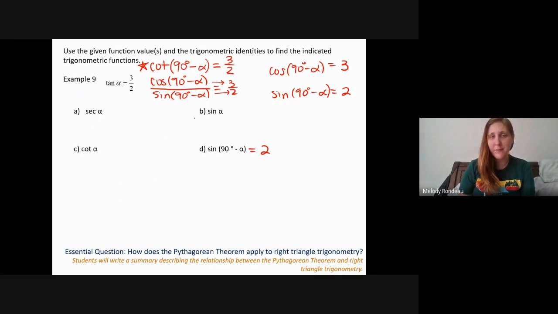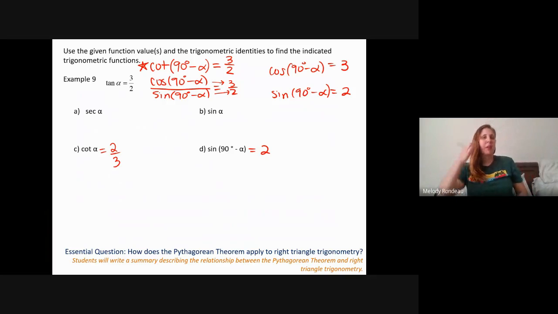I'm going to leave that for a second. I'm going to need to know sine of alpha, which currently I don't have, but that's okay. I'm going to leave it for a second. And I'm going to go to cotangent of alpha, which it also looks like I don't have, but I have tangent, and I know that tangent and cotangent are reciprocals. So this would be 2/3.